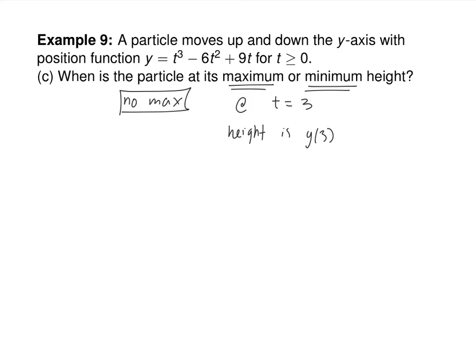And I guess I did just say when, but let's just for kicks figure out what that height was. So that will be 27 minus 6 times 9, yep, plus 27, is that right? Because it'd be 9 times 3.